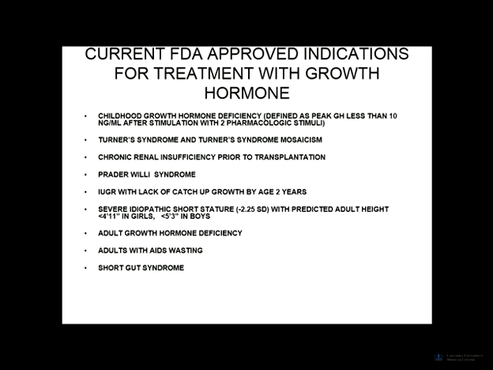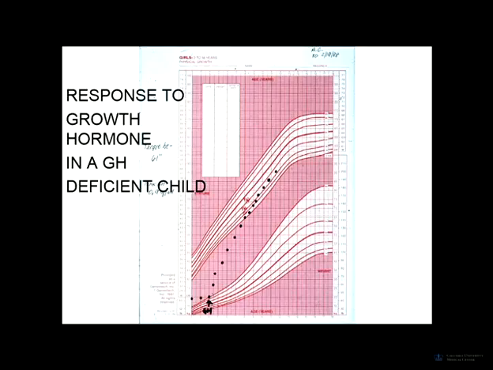Once they're finished with puberty, and they still need growth hormone for optimal bone health and for quality of life issues, the dose that adults need is 1/10 of the dose that children need by weight. So grown-ups need some growth hormone, but much less than kids do. And it's also used in AIDS wasting and short gut syndrome.